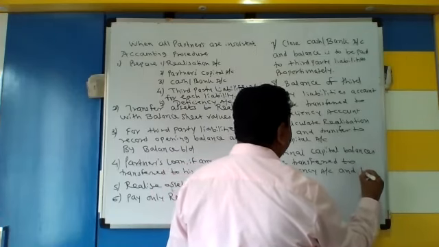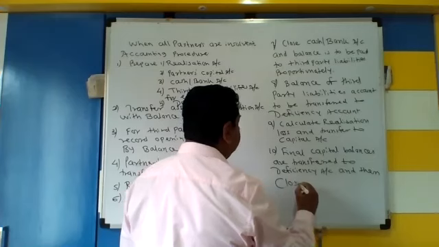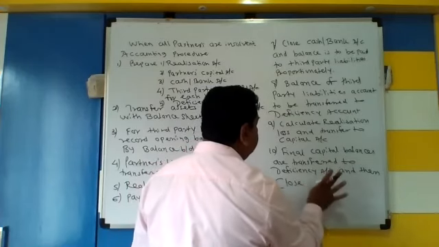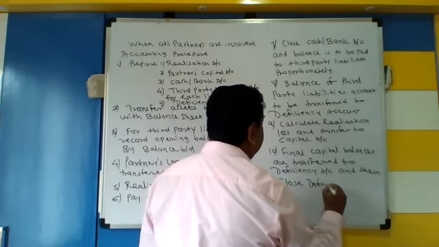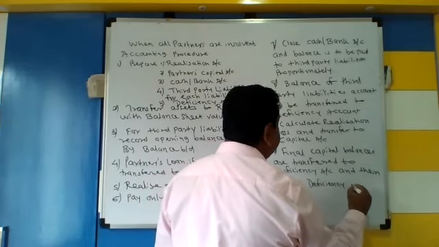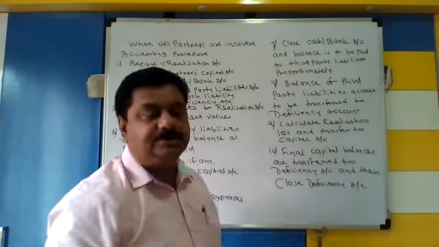And then close deficiency account. Close a deficiency account. So deficiency account is getting closed.